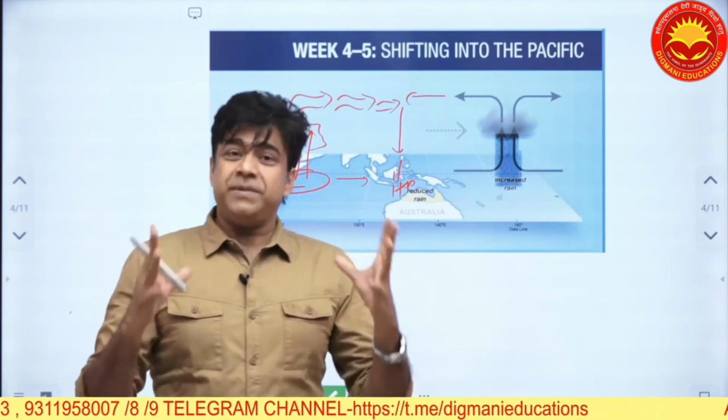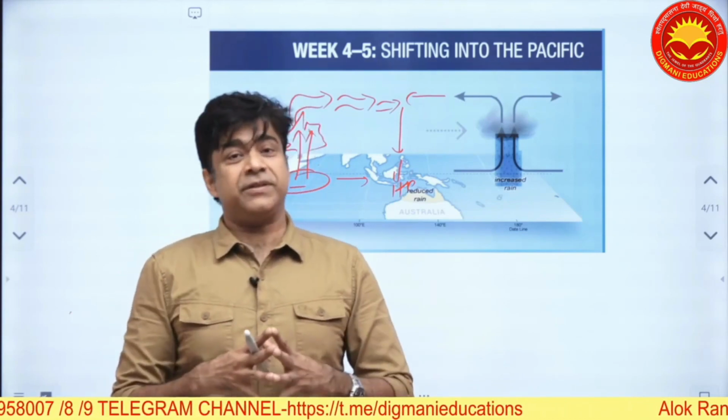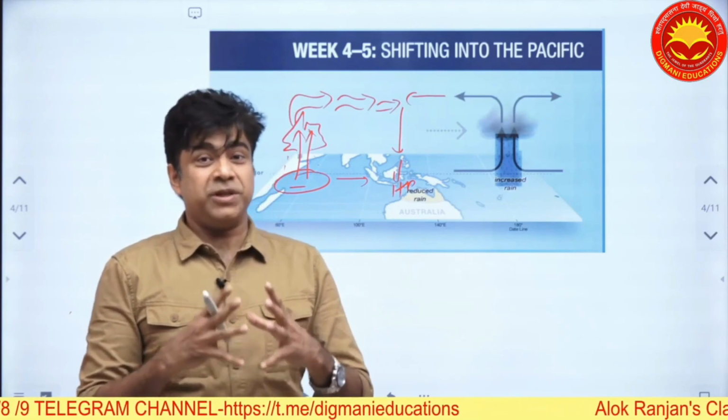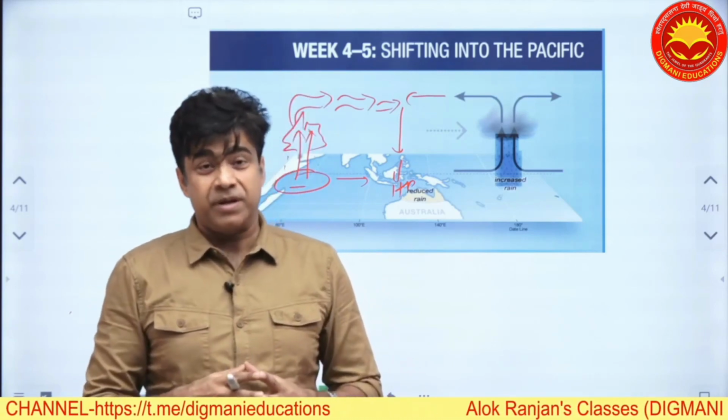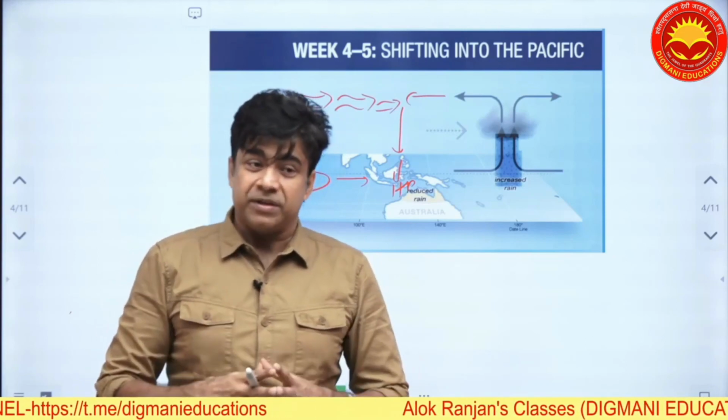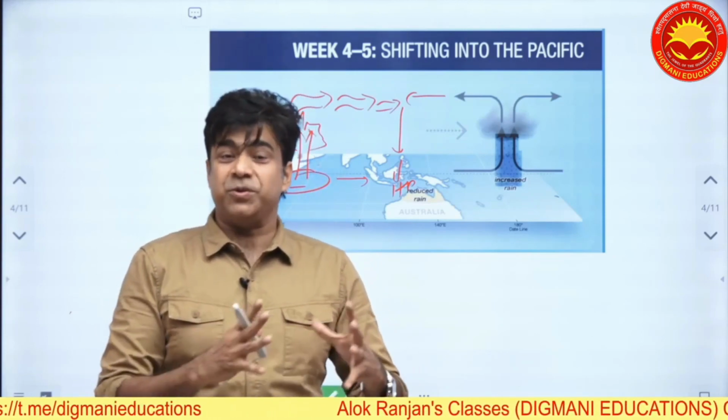So all has to be explained with this phenomena called the Madden-Julian oscillation. Even the dry and wet spells of the monsoon, even the monsoon breaks, are all associated with Madden-Julian.